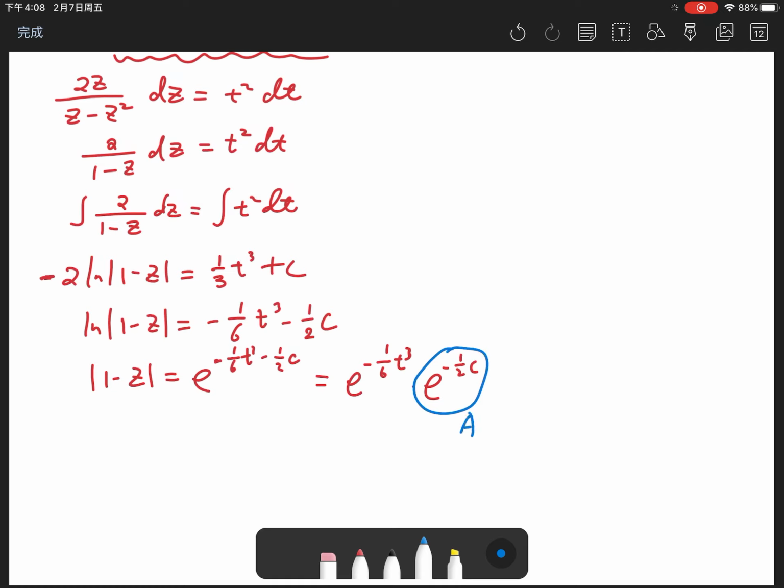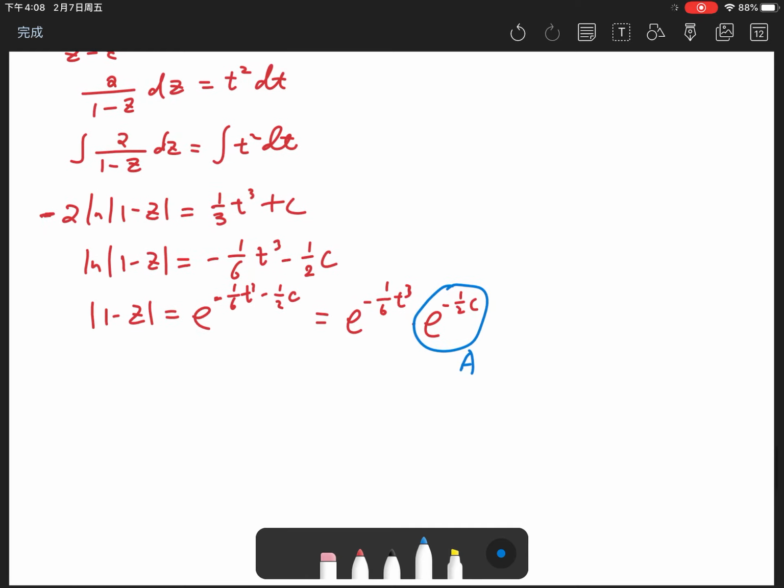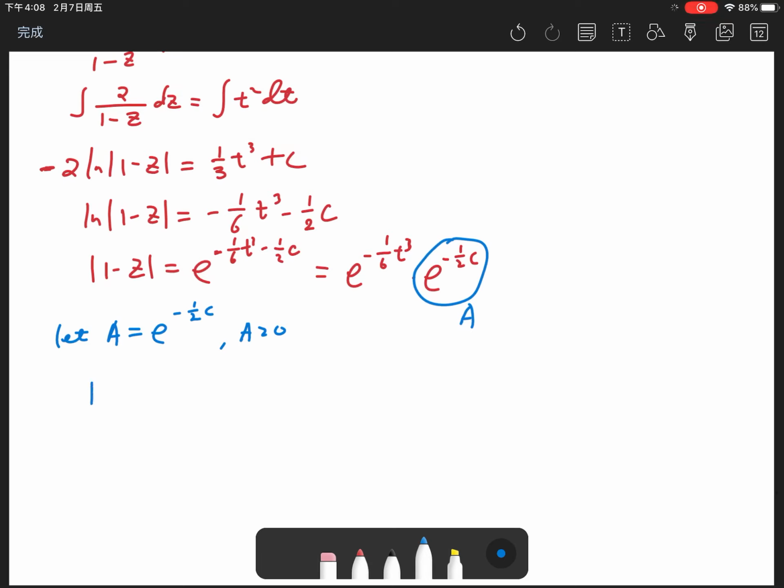This one can be regarded as a constant, so let a be e to the power of negative 1 over 2 c. So a is greater than 0.